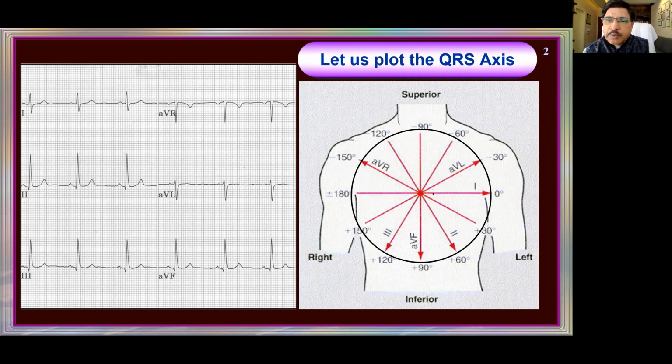So L1 I am marking as 2. That is net deflection, 5 plus and 3 minus. What is L2? Minus is only 1 and plus is 16, 16 minus 1, 15. L2 is 15, somewhere here. Then L3 is 11 minus 1 is 10. So L3 is 10, must be somewhere there.